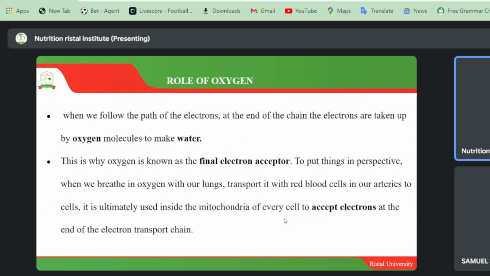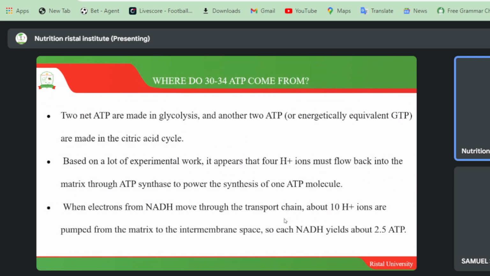So that's it for that, and we need to account for where the 30 to 34 ATP come from. There are two net ATP. Two net ATP are made in glycolysis.